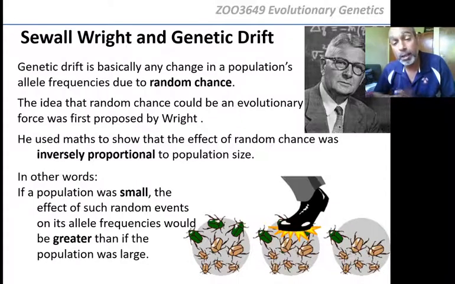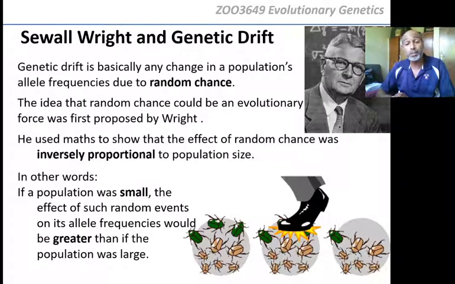Now let's consider the population was not 9. Let's say the population was 1,000. And instead of 3 beetles, there were 300 green beetles. And there were 700 brown beetles.